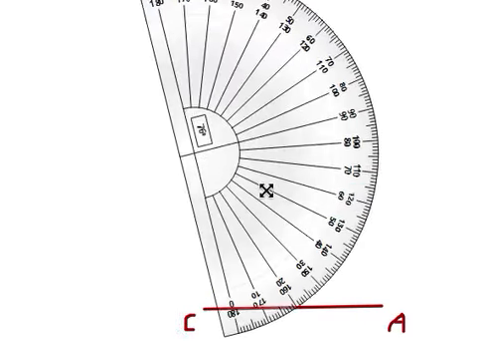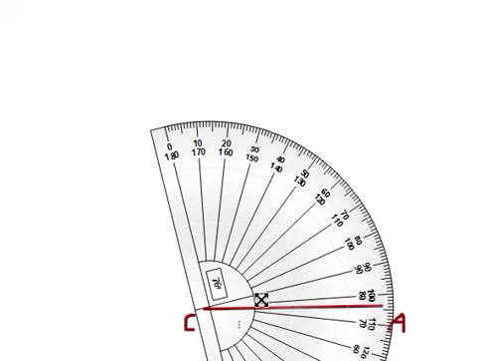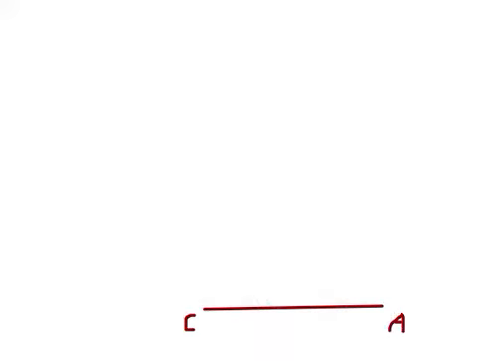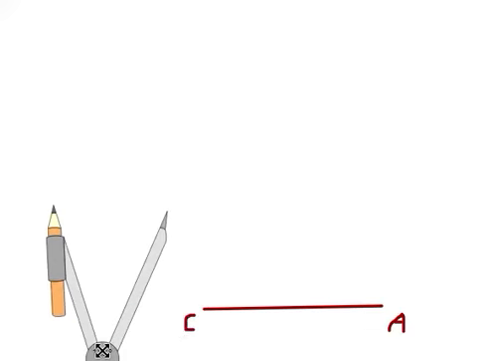And then we will use the compass. We call this line segment AC. In this example he asked about length, not angle, using the protractor to draw a measure, but here he asked about the length.